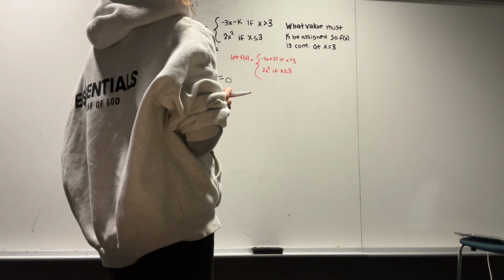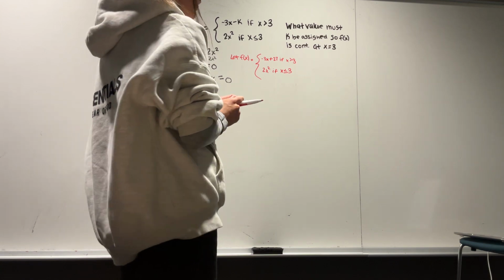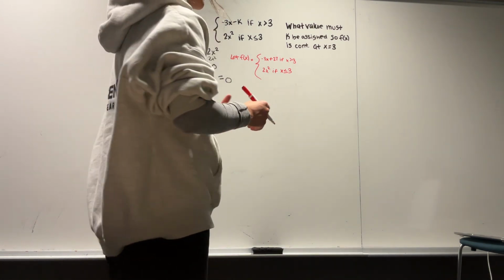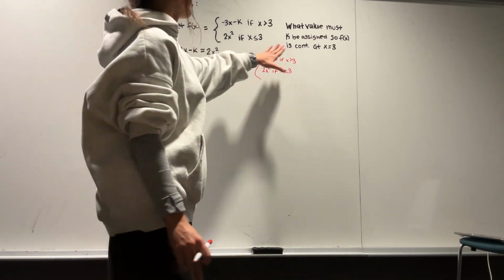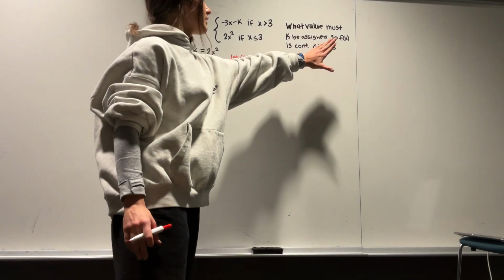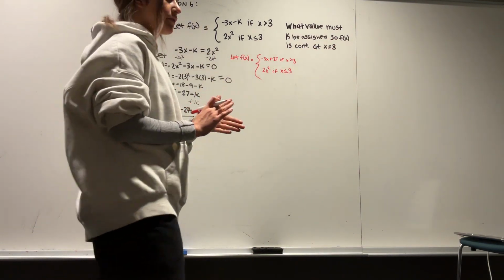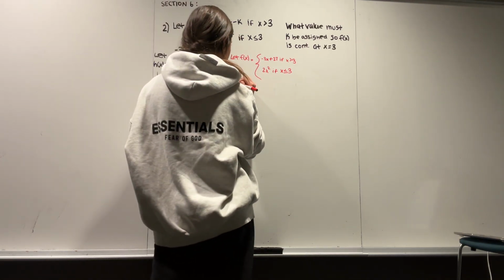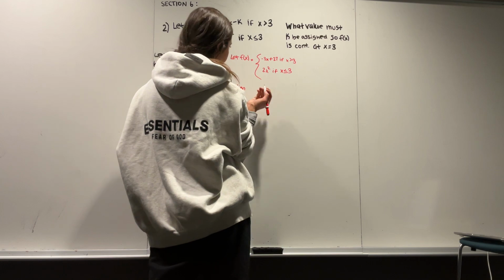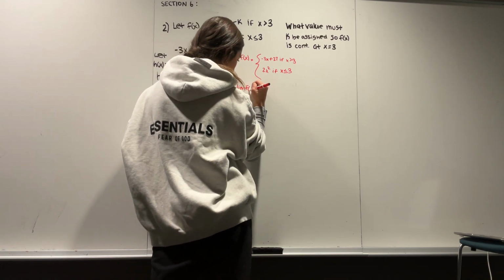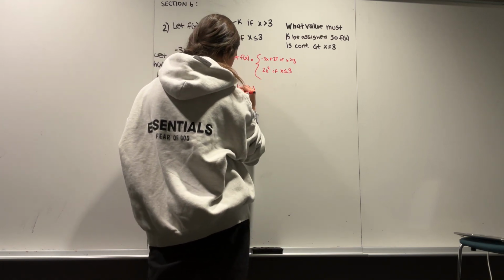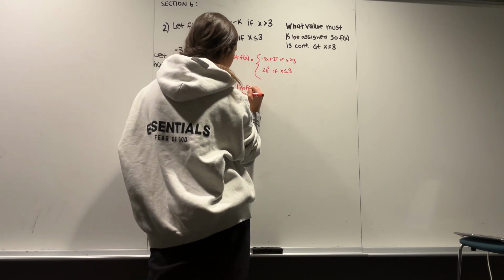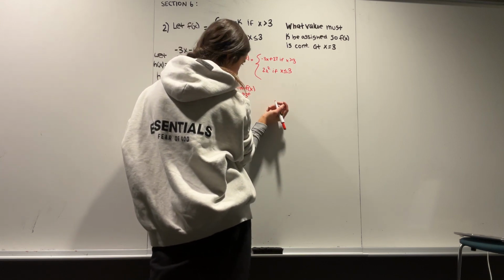Now we want to find the limits from the left and the right, get the answers, and then from there we can see if we can prove that this will be continuous at x equals 3, if they're equal to each other. So we're going to do the limit of f of x as x approaches 3 from the right first.